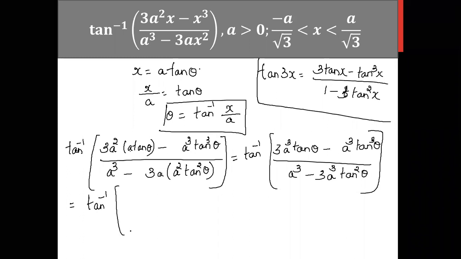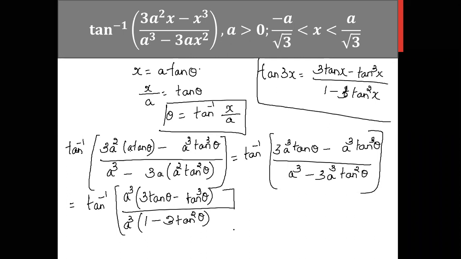Again, a cube is common. Good. So we'll take a cube outside. We'll be remaining with 3 tan theta minus tan cube theta in the numerator. And from the denominator, if you take a cube common, you'll be left with 1 minus 3 tan square theta. Okay, so a cube gets cancelled.